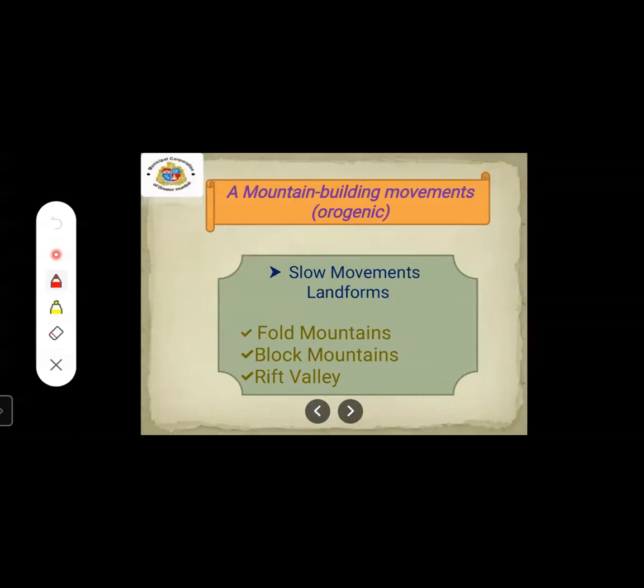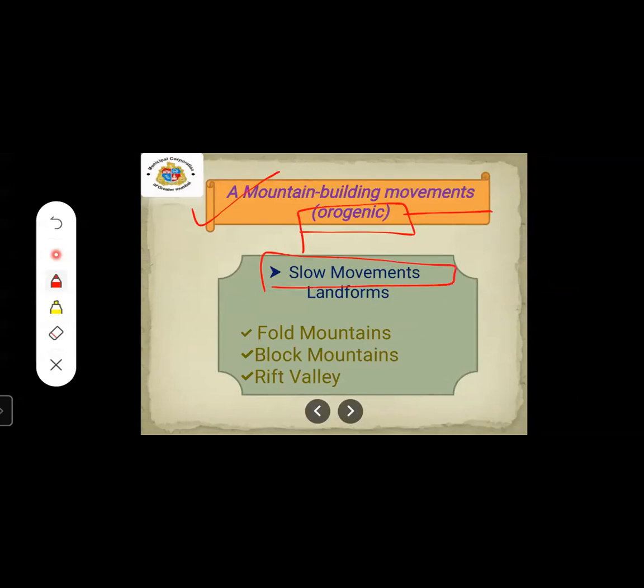Now, in the slow movements only, student, the movements are classified. See here, in the slow movement, the mountain building movements are known as orogenic.